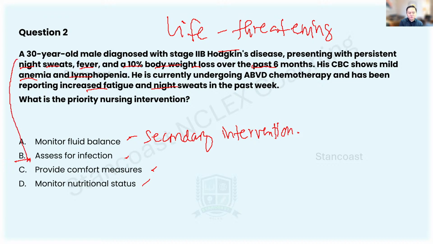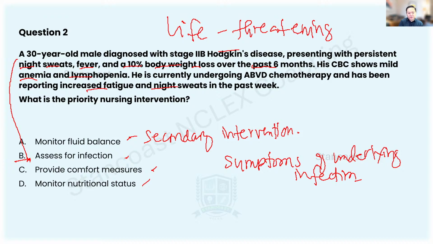Don't forget that. The severe night sweats, the unexplained weight loss, the fever are actually symptoms of underlying infection. So we need to investigate further about this. And this is a life-threatening complication because we know that the patient is immunocompromised, right?